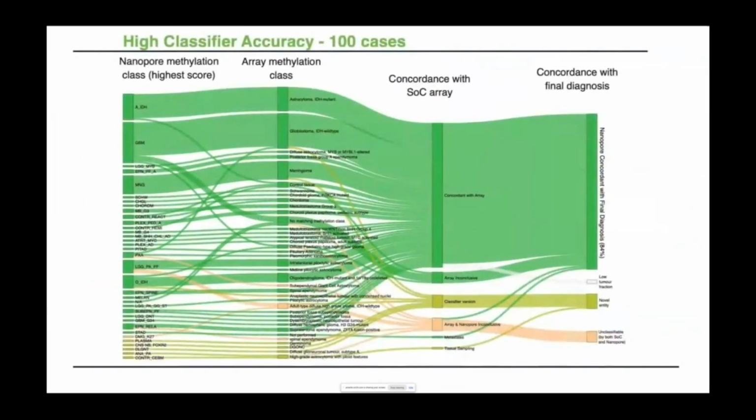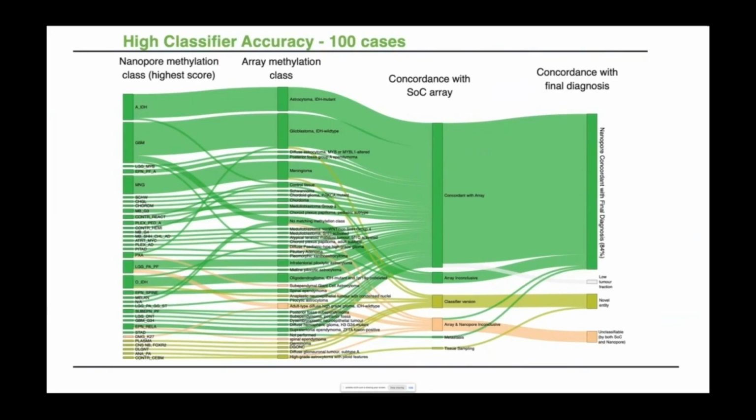So we have now run this on 100 cases, going from diagnostic, so going from tissue, from surgery, and taking this straight through. Our concordance has improved. We think that it's improved for several reasons, but one is tissue selection is critical, and we're going from fresh tissue, so we're up to 84% concordance.